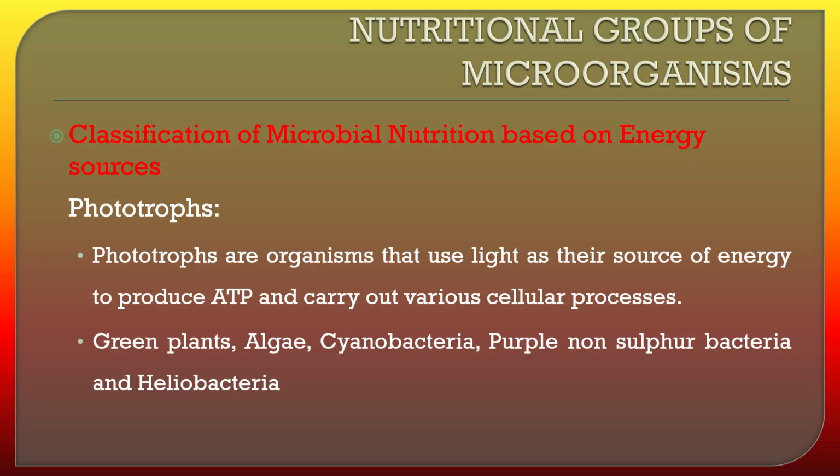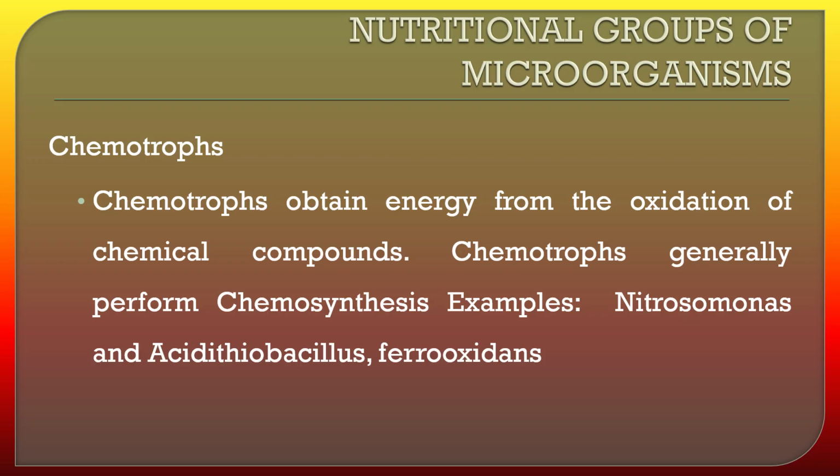Common examples include green plants, algae, cyanobacteria, purple non-sulfur bacteria, and heliobacteria. The next one is chemotrophs. Chemotrophs obtain energy from the oxidation of chemical compounds, either organic or inorganic. Chemotrophs generally perform chemosynthesis, and common examples are Nitrosomonas and Acidithiobacillus.